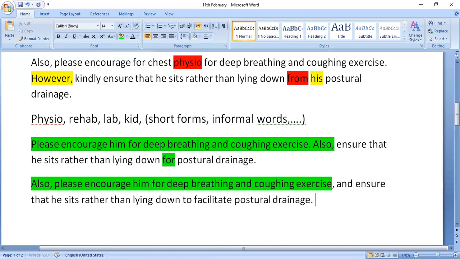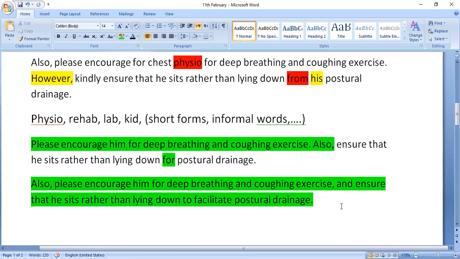Okay, if you spend a little bit more time, we can think of a better alternative, but at least you can see. Now it is one sentence, a very good sentence, easy to understand, very fluent, coherent. So this is how we need to improve things.